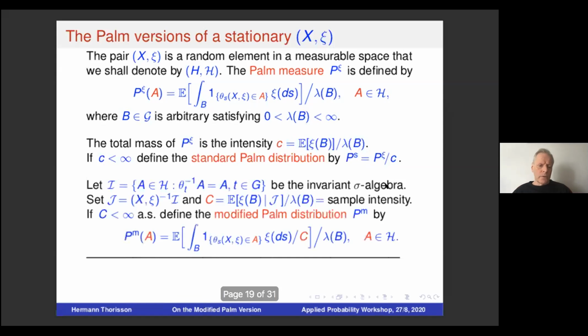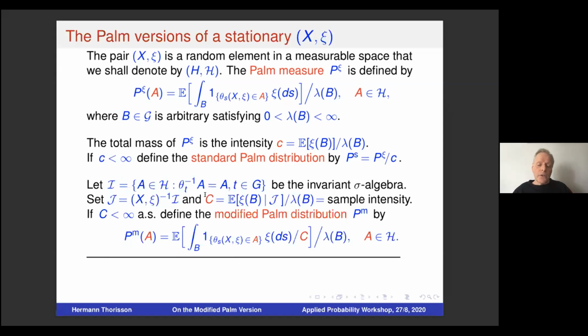And now for the modified Palm, we need the invariant sigma algebra on H, on this space here. It's all sets that don't change when shifted. And then I use J, script J, for the invariant sigma algebra of X and psi down in the underlying probability space.